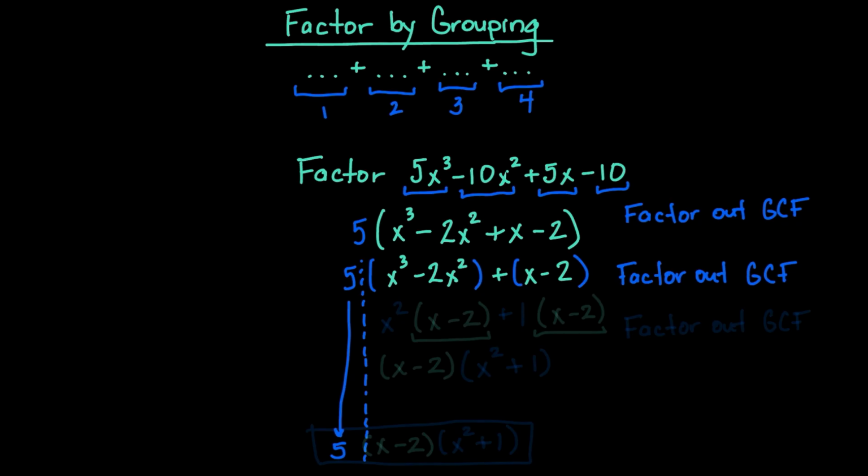In my first grouping, the GCF is going to be x squared, and I'm going to be left with x minus 2. Then in my second set, 1x and 2 are relatively prime. Their greatest common factor is 1.